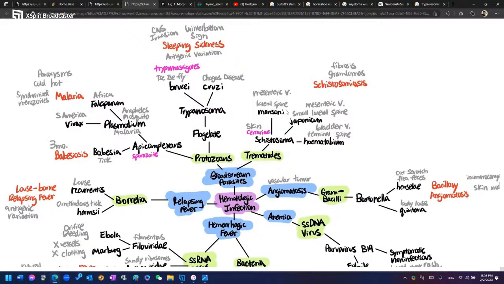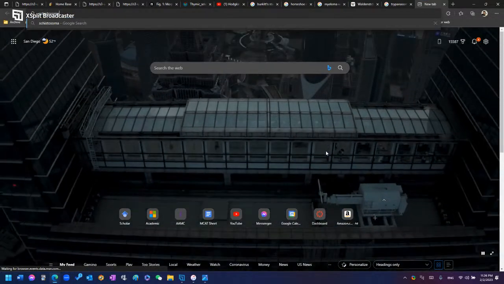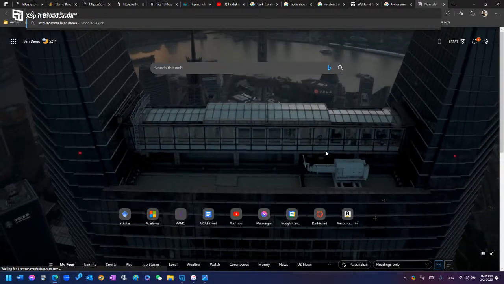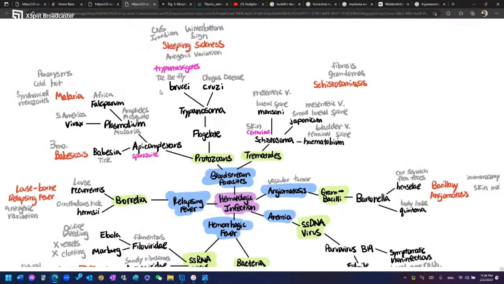The one that causes big liver damage, which one was that? I think that was Mansoni. Yes, that's right. So Mansoni, you got the big lateral spine, which is going to cause a lot of issues. These ones have lateral spines, but they're going to be in the blood. So all these are blood ones. Cool.